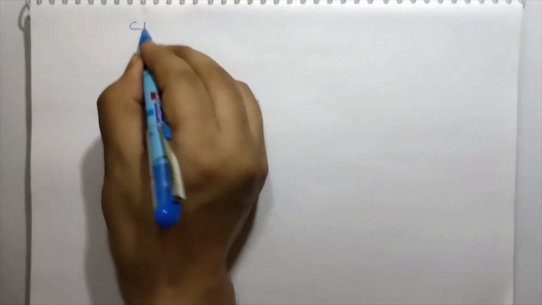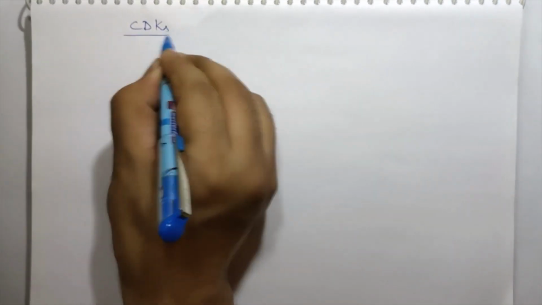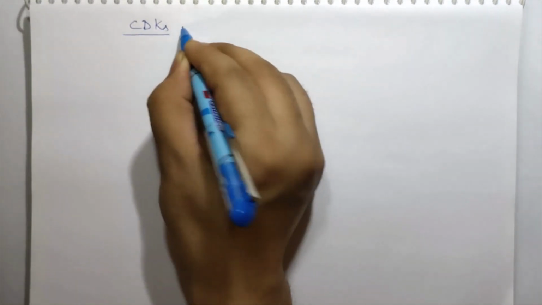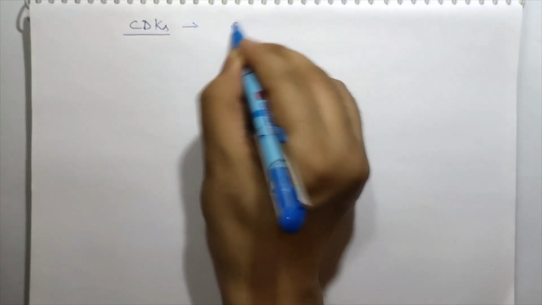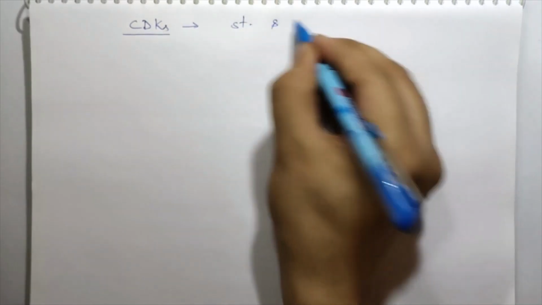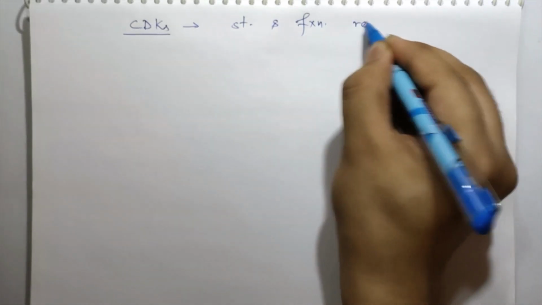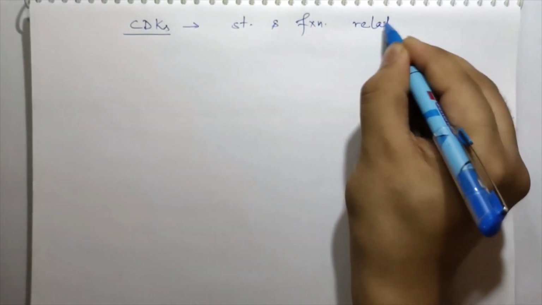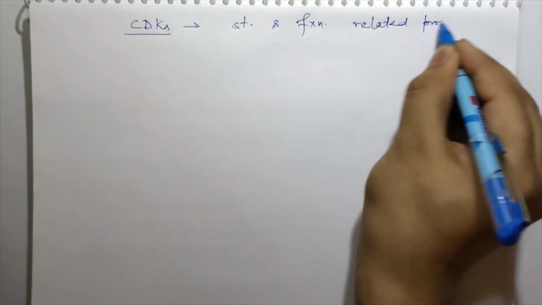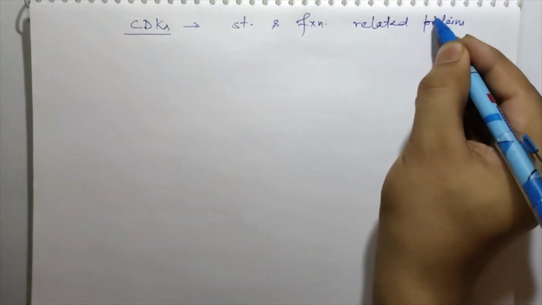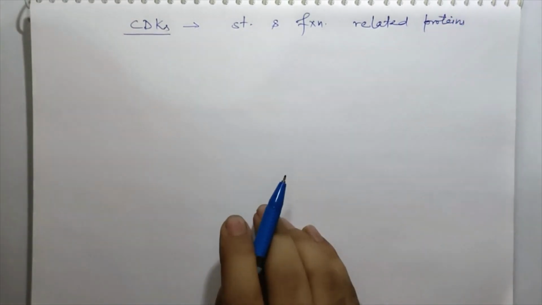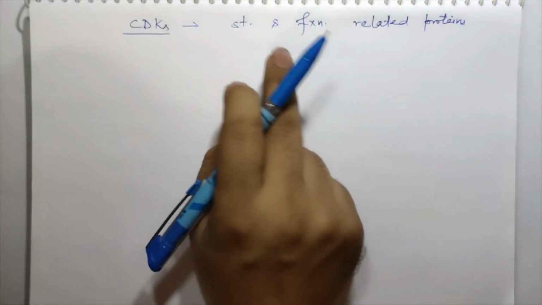So CDKs are also called cyclin dependent kinases. Basically they are a family of structurally and functionally related proteins, and they remain constant during the cell cycle, as I have told you earlier.